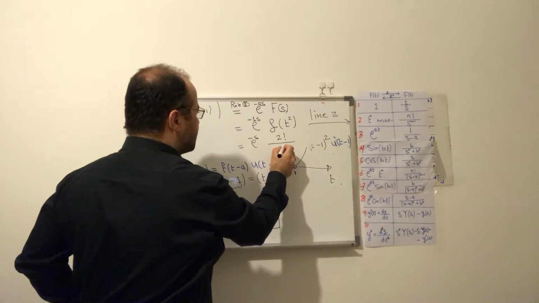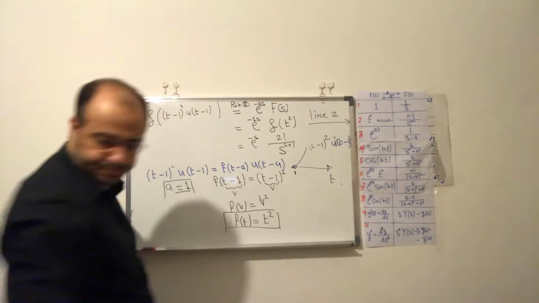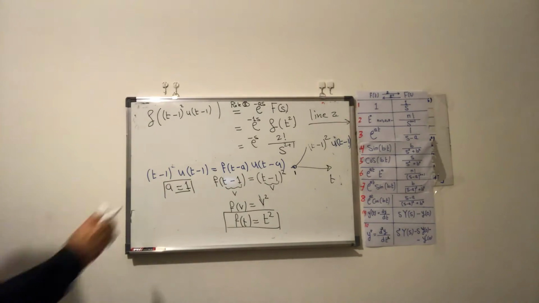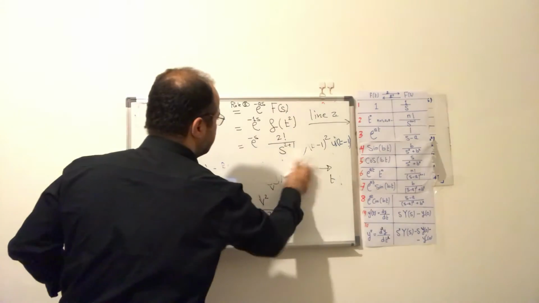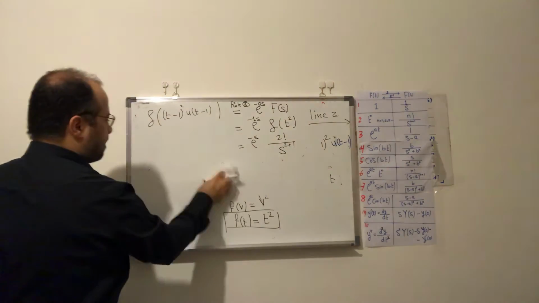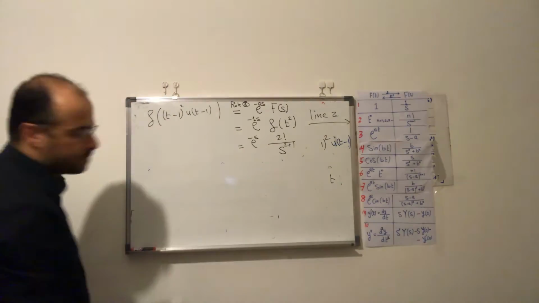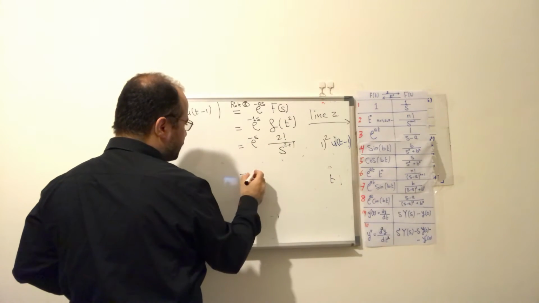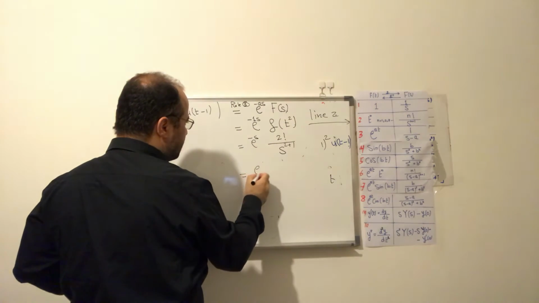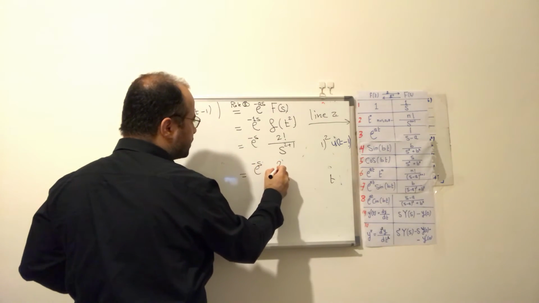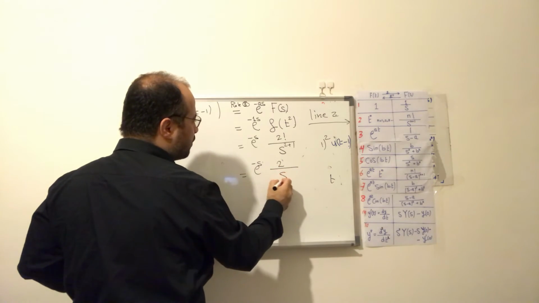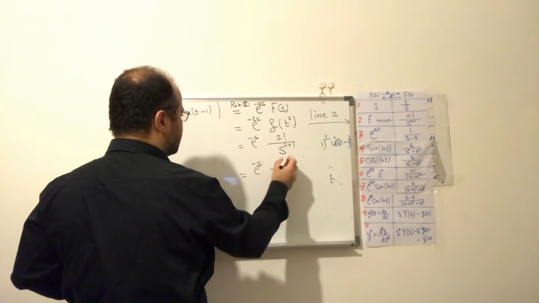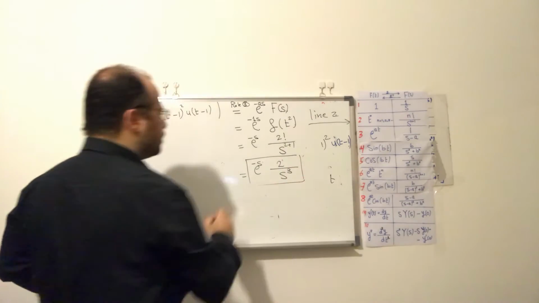N plus 1 means 2 plus 1. Now let's continue with this. You get e to the minus s, and 2 factorial is 2, over s cubed. So we are done. This is what you're going to get.